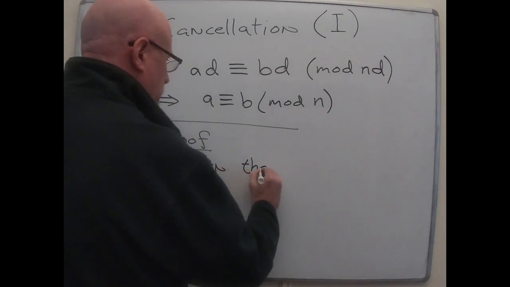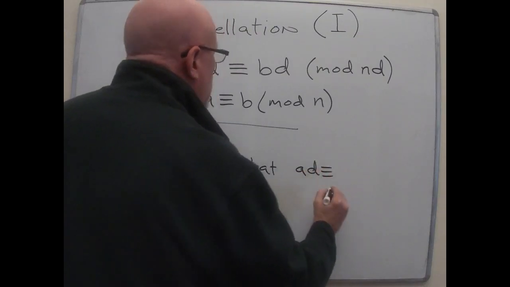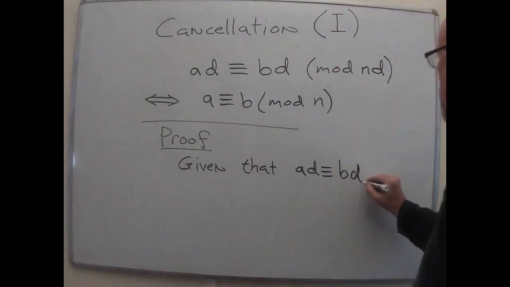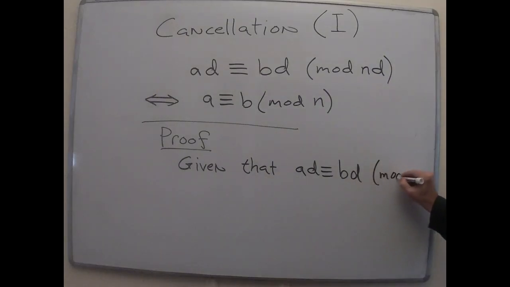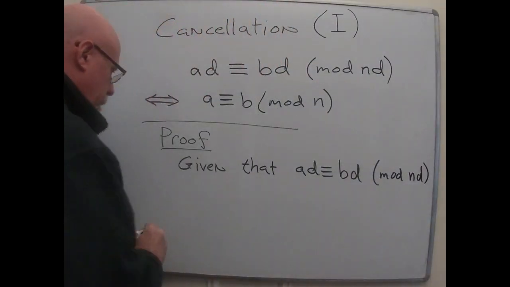So given that AD is congruent to BD mod ND, we have to ask ourselves, what does that mean?